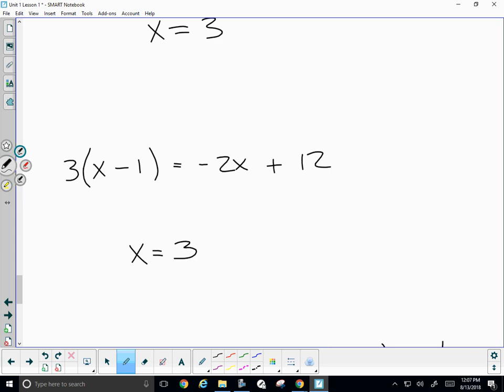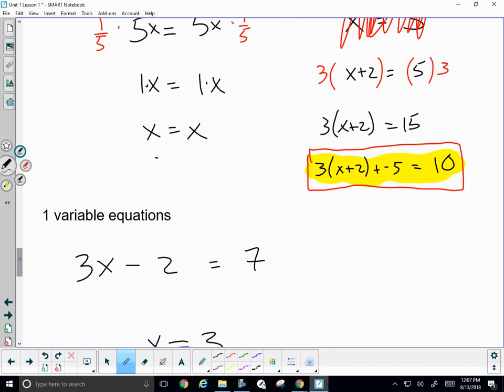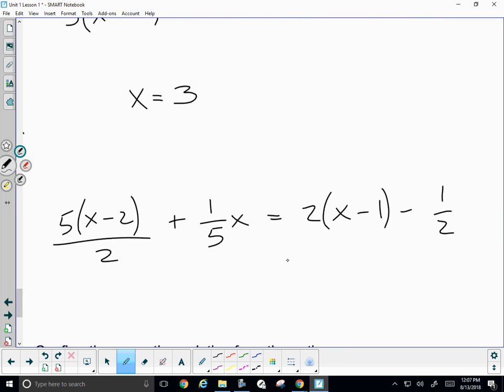In this one, the answer is 3. But all of a sudden, doing a number puzzle becomes a very time-consuming process. And if I looked at this guy, and I ask you what value is our unknown, x, so that the left side is equal to the right side, well, you're going to spend a lot of time trying to figure this out.